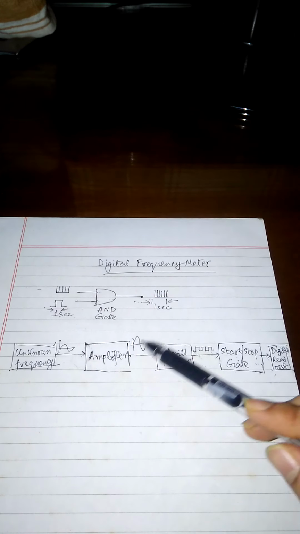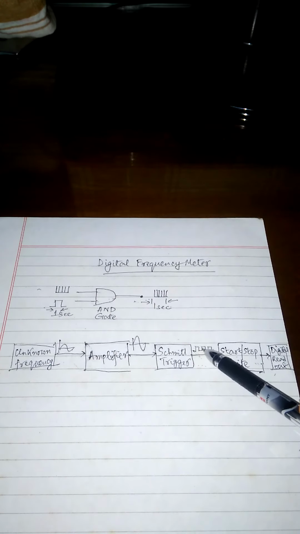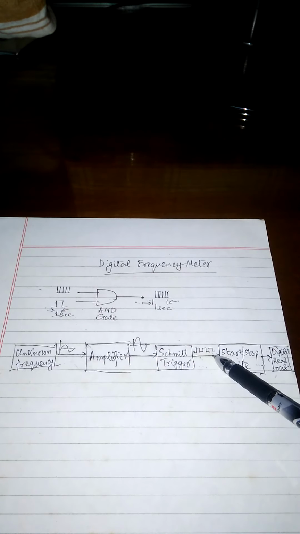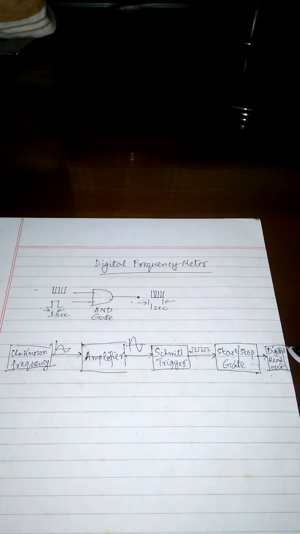Here this is a square wave. This is called the train of pulses, which is required because each pulse represents each cycle, and for a particular time period the pulses pass through this gate, the counter counts them, and then gives us the direct value of the frequency.